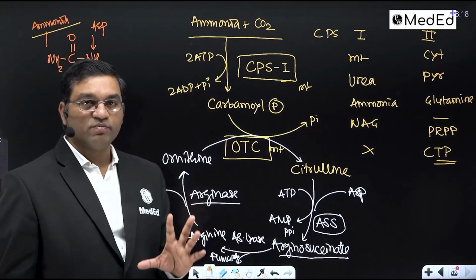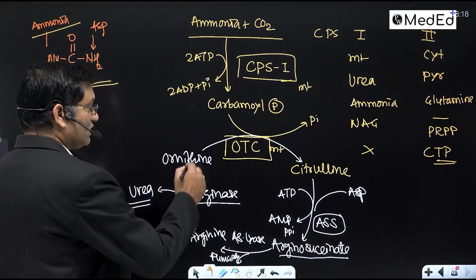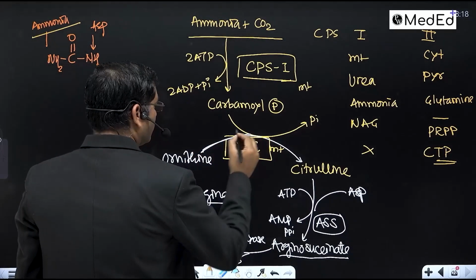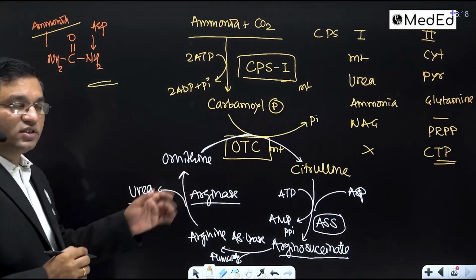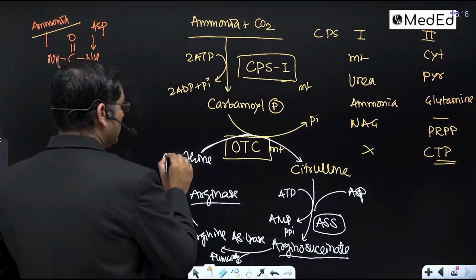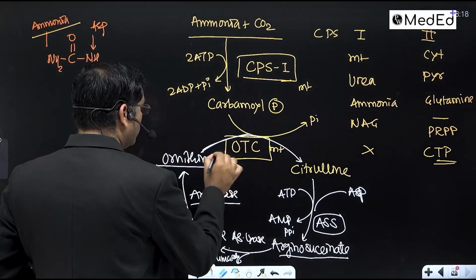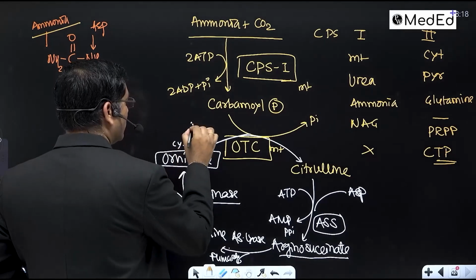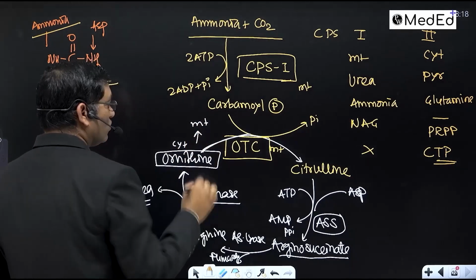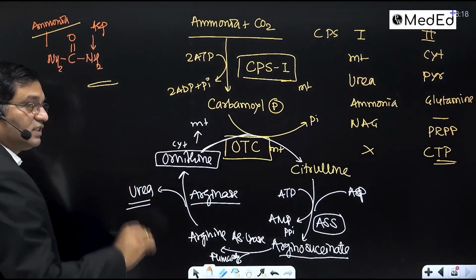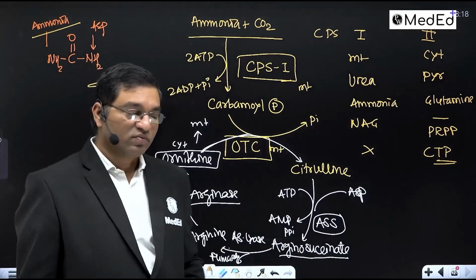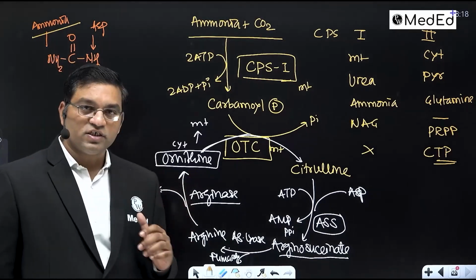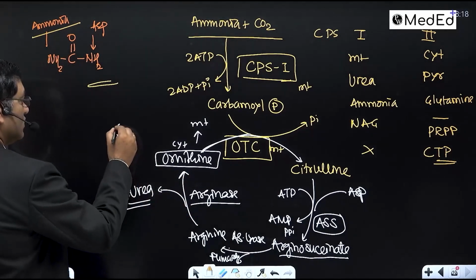These are the 5 important enzymes. Then there are 2 transporters, mainly the ornithine transporter, which is important for the transfer of ornithine from cytosol to mitochondria. The gene which codes for the ornithine transporter is the ORNT1 gene.